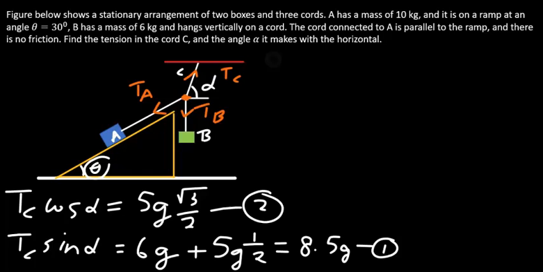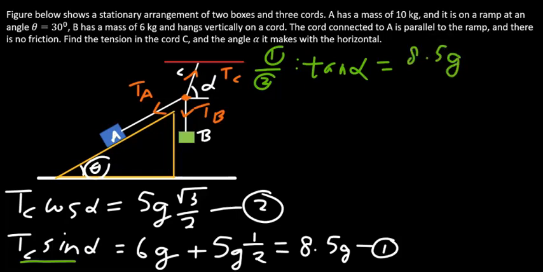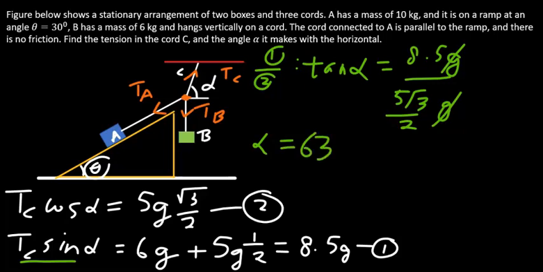When you take equation 1 and divide that by equation 2, the left-hand side will simply become tangent alpha, and the right-hand side becomes 8.5g over 5 square root 3 over 2 g. So g will go away and you can solve for alpha. And alpha turns out to be 63 degrees.